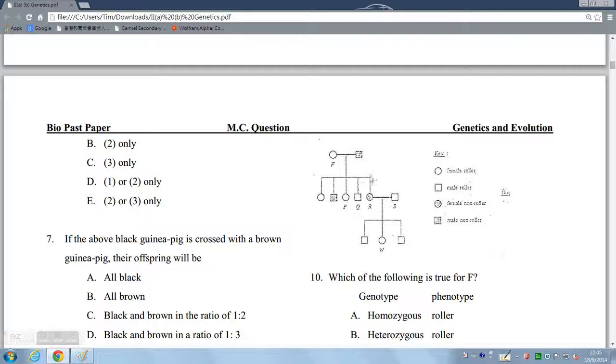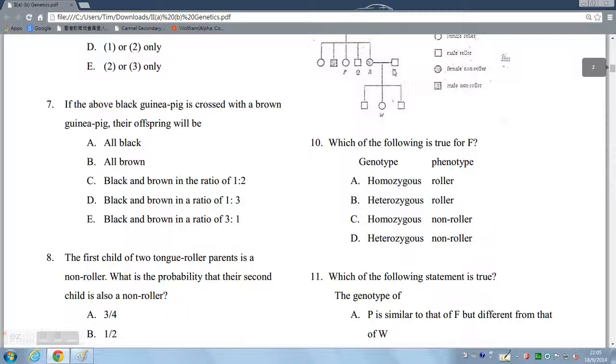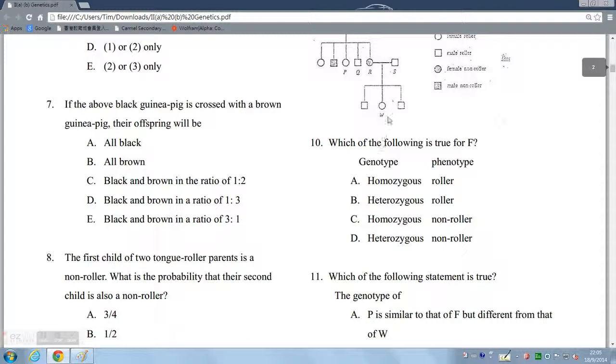And since Q's father is a non-roller, this father must have passed one recessive allele to Q. So this means that Q has both a dominant and a recessive allele, making him heterozygous. And so since S has a genotype similar to Q, S must be heterozygous as well.